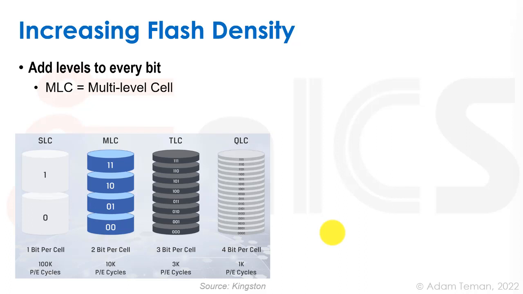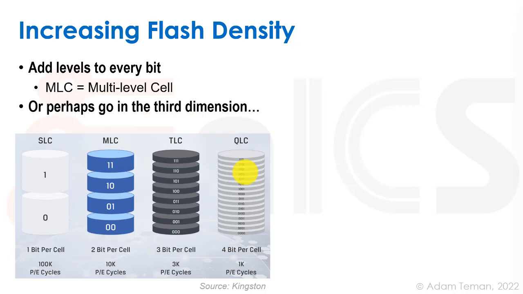But nowadays the standard thing would be a single level cell where we can store a 0 or a 1 inside a cell. A multi-level cell will have 2 bits per cell, that means 4 levels. A triple level cell will have 3 bits, in other words 8 levels in a cell, and we even have quad level cells. So if you can get one single transistor that can hold 16 levels, that increases our density by 16, and that is something that exists today.